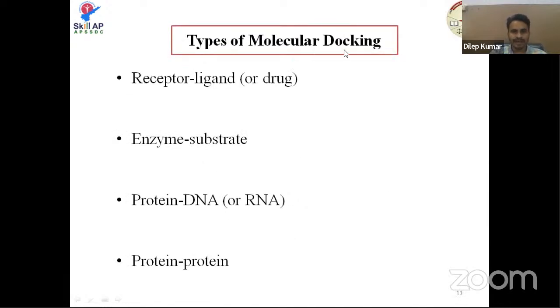We have a variety of molecular docking applications, and we are routinely interested in designing drugs and drug-like molecules of lead compounds, and in how these drug-like molecules interact with the receptor. It is also applicable for studying enzyme-substrate reactions, because in our physiological system there are many types of enzymatic reactions.